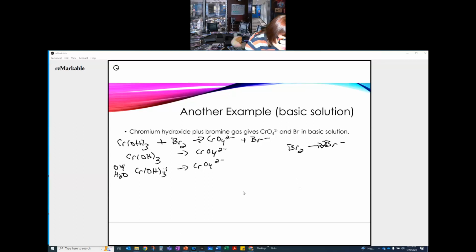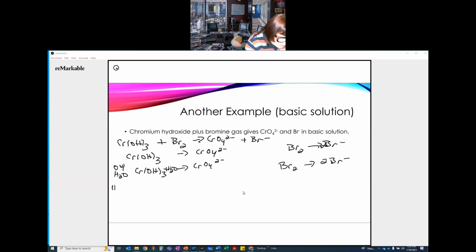So I'm going to need to add an H2O. Squish that in there because I didn't give myself enough space. I don't have any oxygen or hydrogen that I need to worry about in the bromine reaction right here, so I'll go ahead and rewrite it.